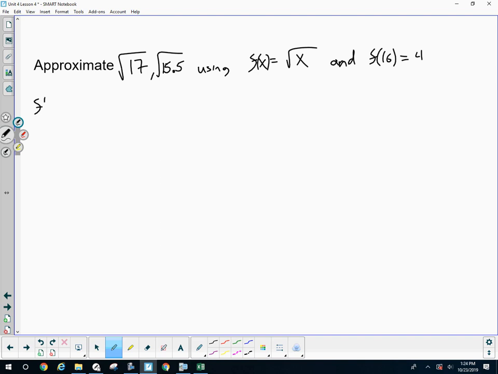You need a tangent line equation to the square root of x function at 16.